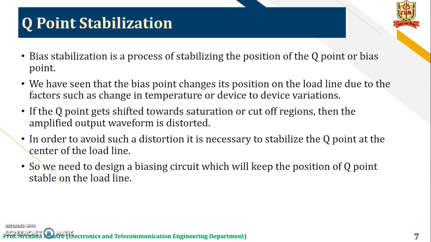If the Q point gets shifted towards saturation or cutoff region, then the amplified output waveform is distorted. In order to avoid such a distortion, it is necessary to stabilize the Q point at the center of the load line. So, we need to design a biasing circuit which will keep the position of Q point stable on the load line.